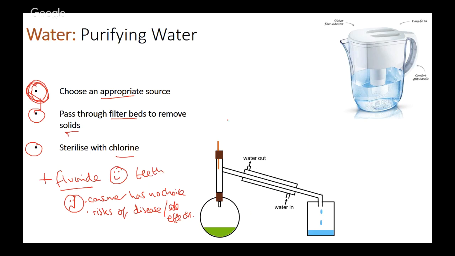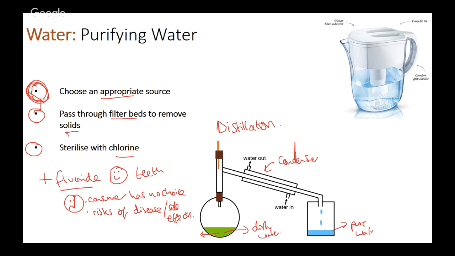Now, you could use a process of distillation to get pure water. That's when you put your dirty water in here. You heat up the water until it evaporates. Then here in the condenser, it cools down and condenses into water. So you'd end up with all your solids and dirty parts here and pure water at the end.